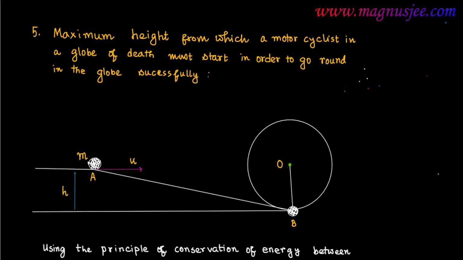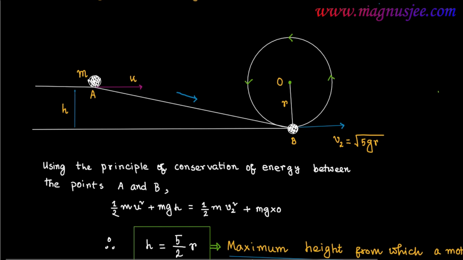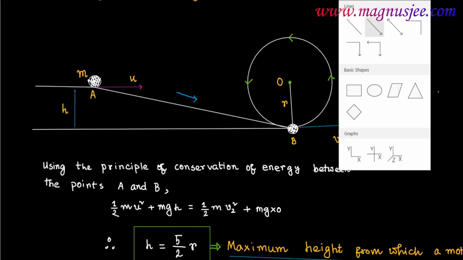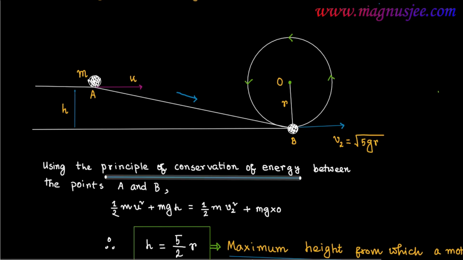Height of the point A at which the motorcyclist exists is h, and the motorcyclist rolls down along AB and reaches the point B, and at the point B the motorcyclist has the tangential velocity v2, which is root over 5gr, and this motorcyclist will go round in the globe successfully, provided the tangential velocity v2 is equal to root over 5gr.